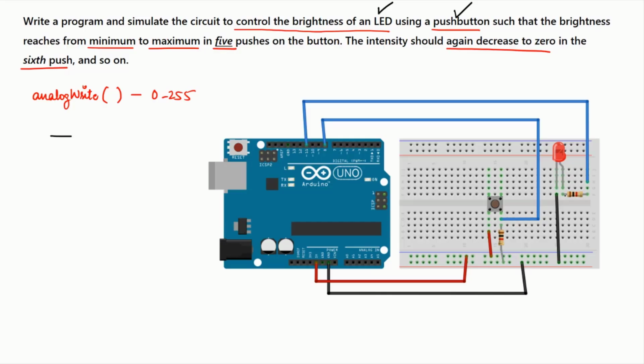We've got an LED connected through a resistor connected to pin number 11. That means, say this is coming from pin number 11. So we've got a resistance and an LED. Right?